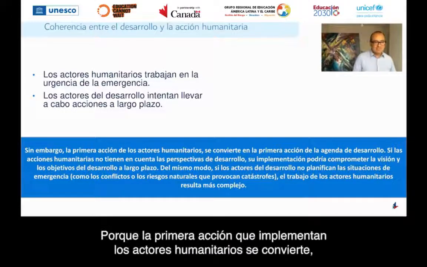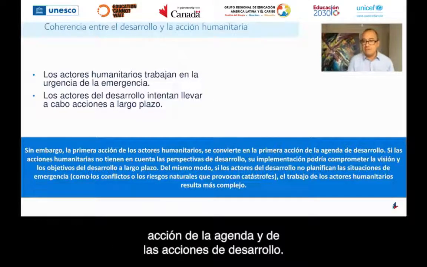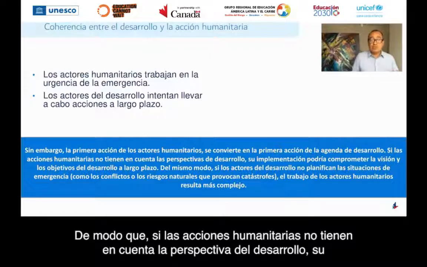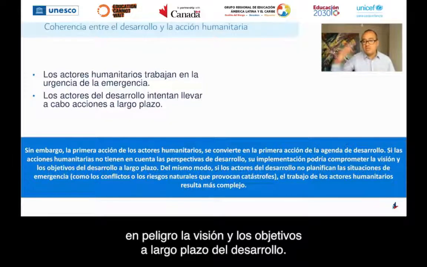Why? Because the first actions implemented by humanitarian actors become, most of the time, the first actions of the development agenda. So if humanitarian actions do not take into consideration the development perspective, their implementation could jeopardize the long-term vision and aims of development.